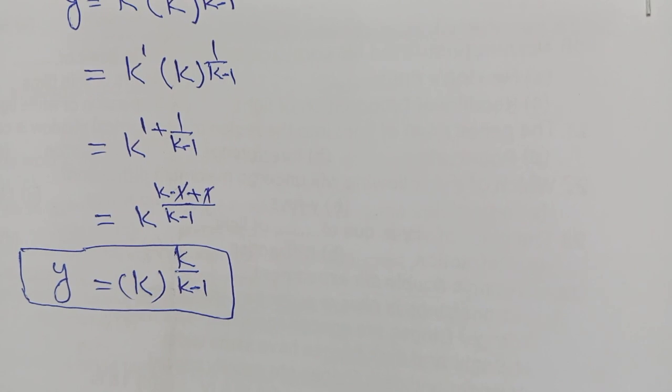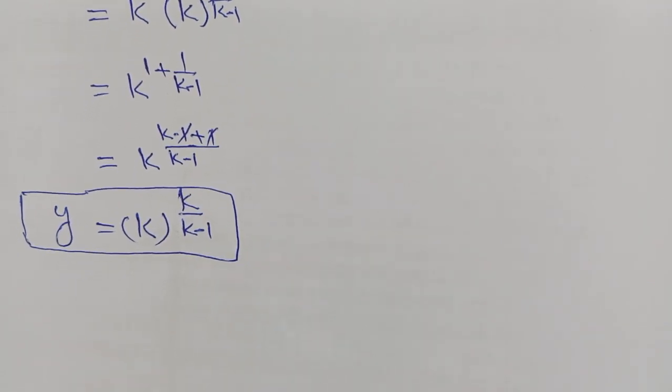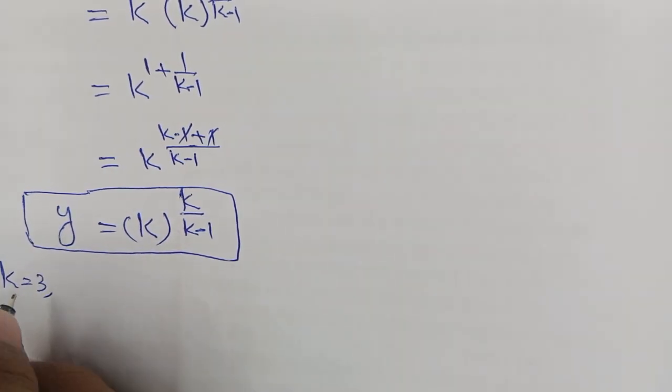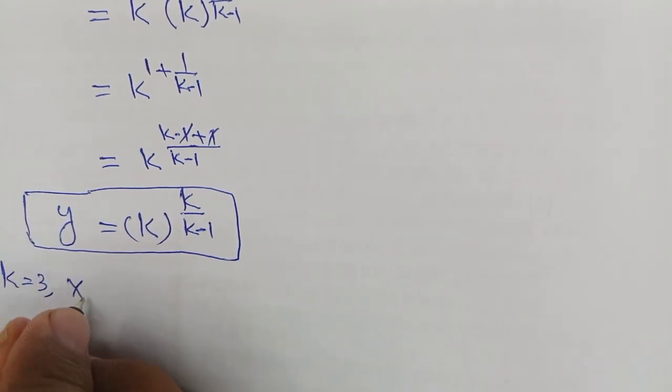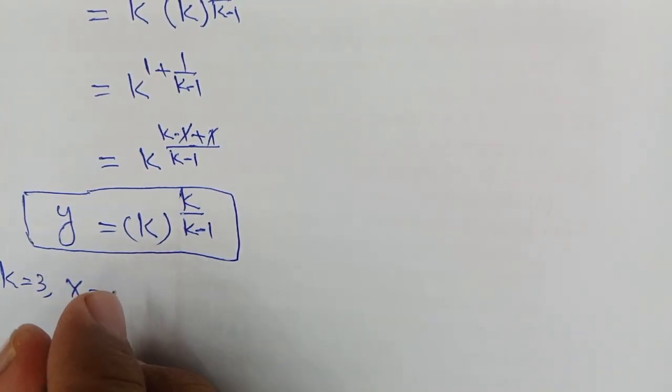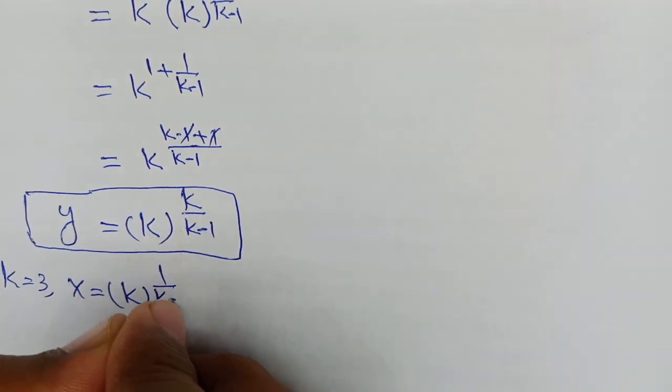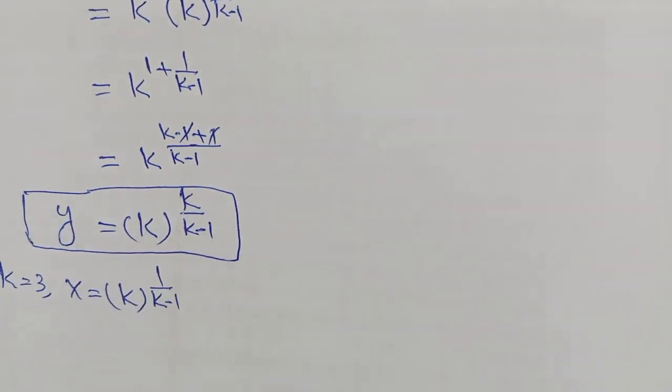Now we have to prove that x power y is equal to y power x. For proving that, we need a number. So if we take k equal to 3, then x is equal to k power 1 upon k minus 1.